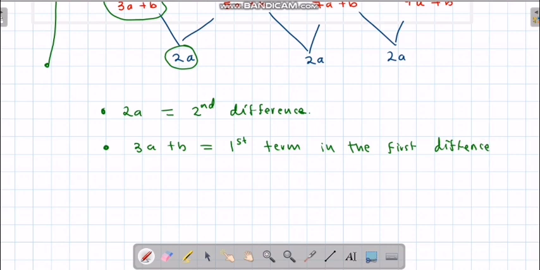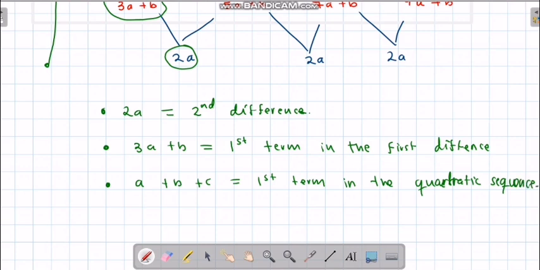Okay, and then the last one, your a plus b plus c, equated to the first term in the quadratic sequence.